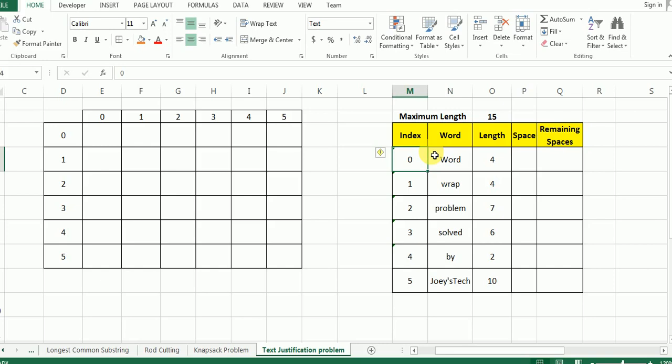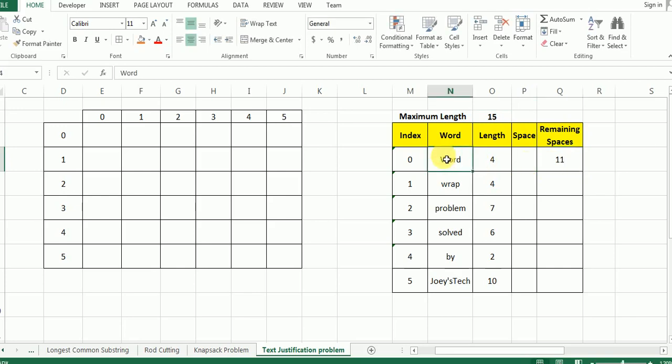So how are we going to calculate the cost? As you know, it is all about remaining spaces. So we are going to subtract this length from the maximum length allowed. So 4 subtracted from 15 is going to give us 11. So I'm going to put 11 over here.